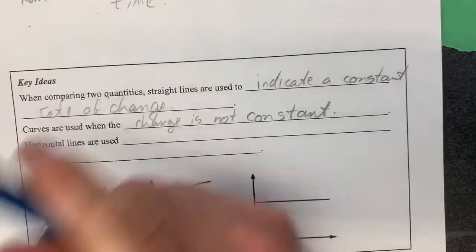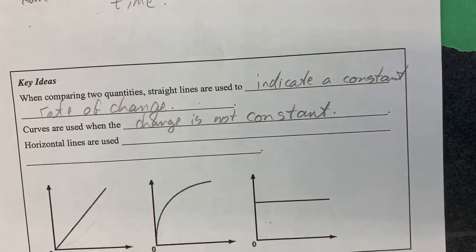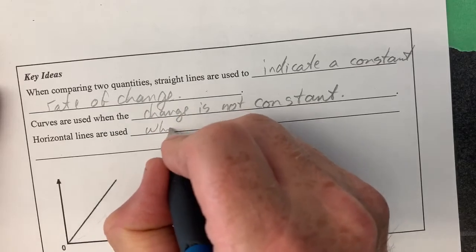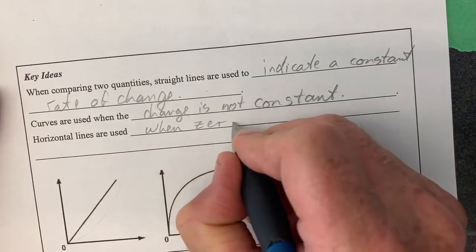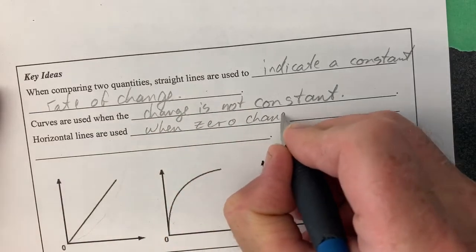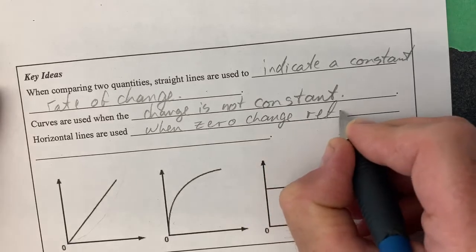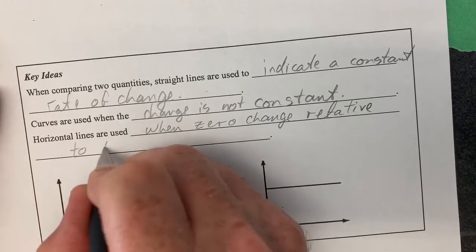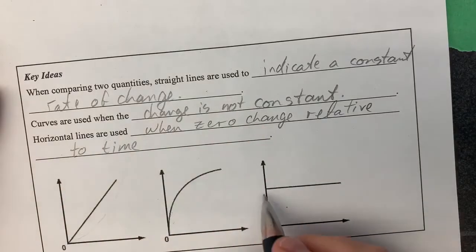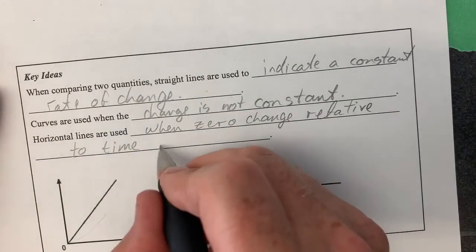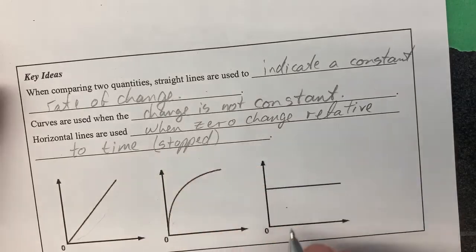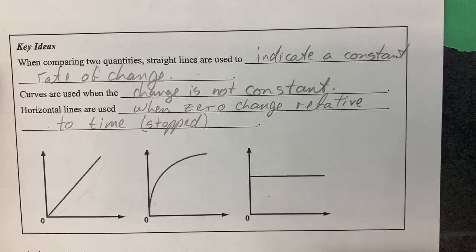Horizontal lines are used when there is no change relative to time. In other words, think of it like a velocity, when you're stopped. Or with the wakeboarder example, that's where you wiped out. You're no longer moving.